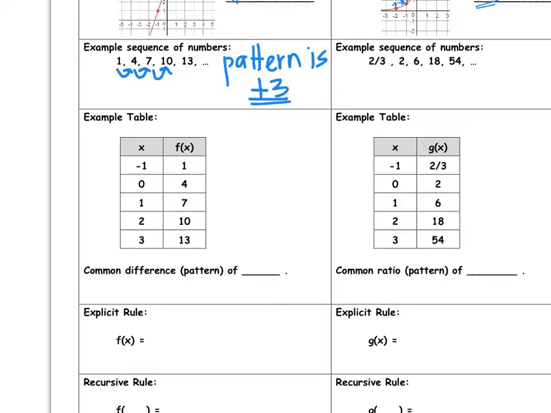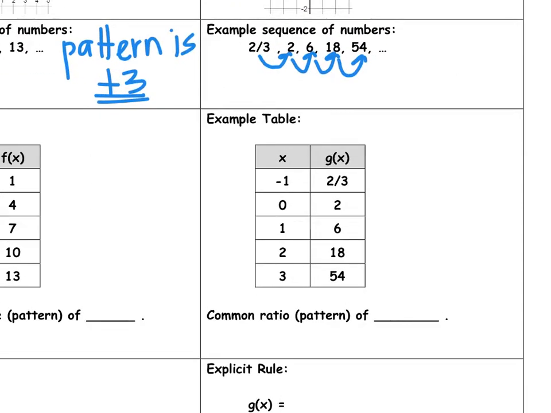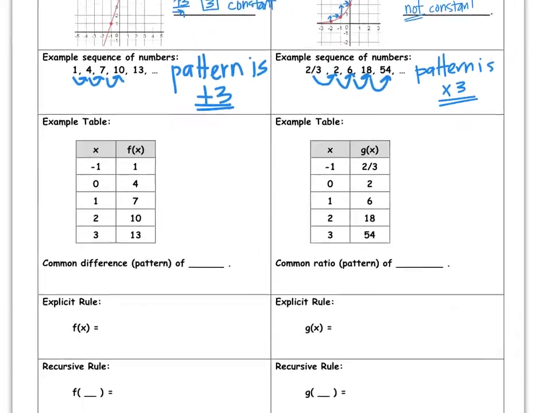If you look at this sequence of numbers, from 2/3 to 2, from 2 to 6, from 6 to 18, this pattern is very different. It's still getting bigger, but this pattern is times 3. So we have a pattern of multiplication when we have an exponential equation.